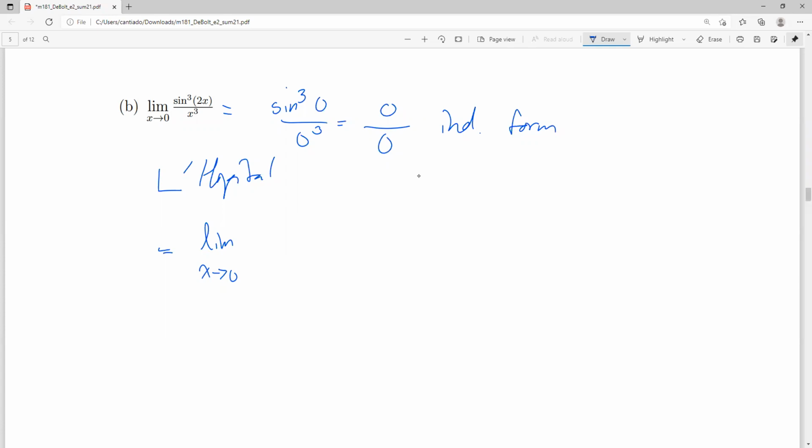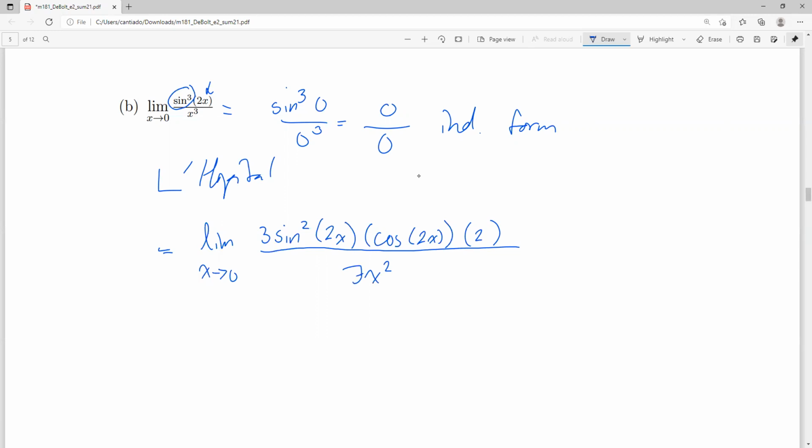It'll be 3 sine squared of whatever's inside times the derivative of sine, which is cosine of the inside. Now we also have to take the derivative of 2x, so times 2, right? And then we divide that all by the derivative of x cubed, which is just 3x squared, right?